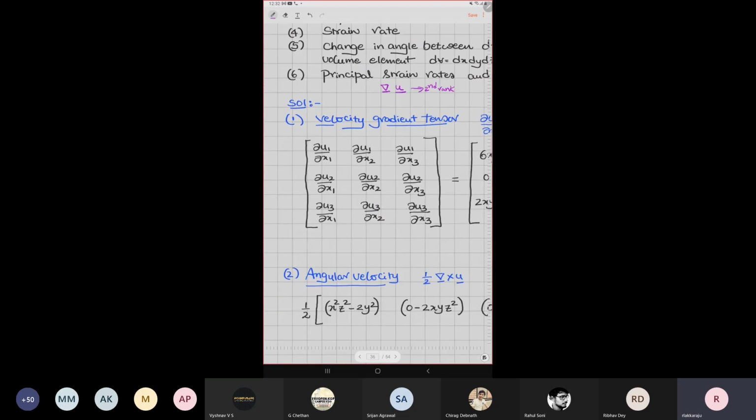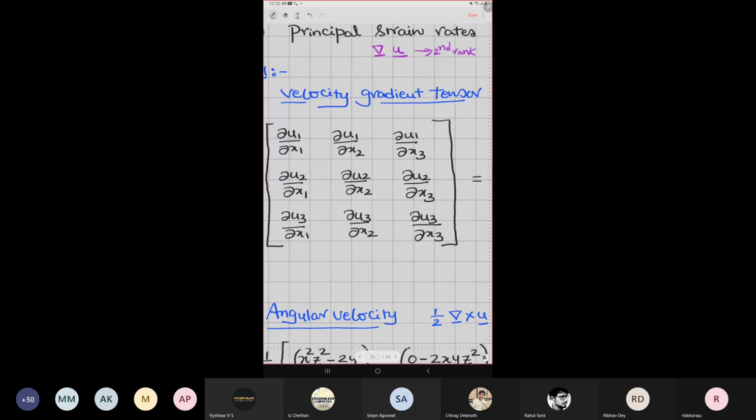So that means it looks like this. Del j ui, or del i uj, we have to calculate.